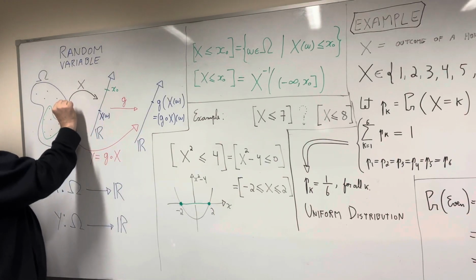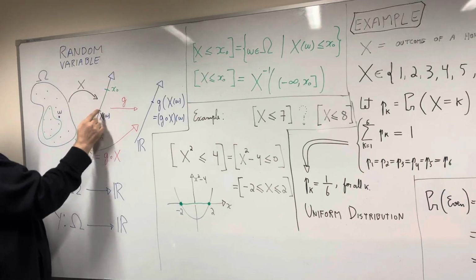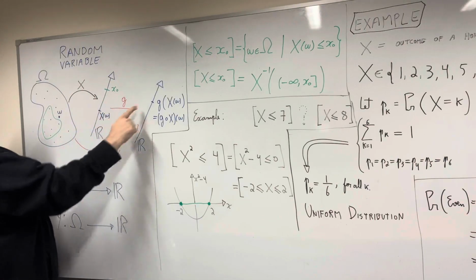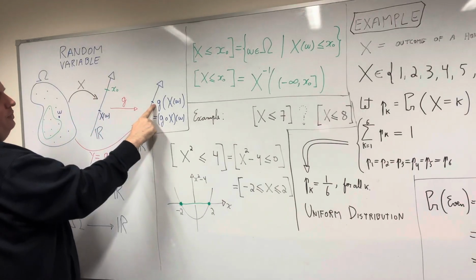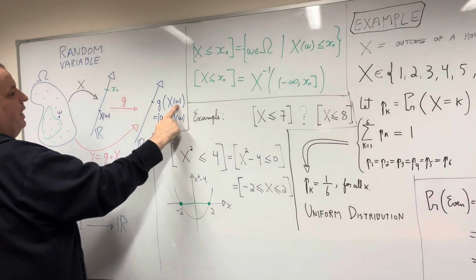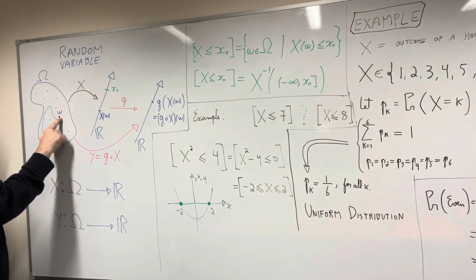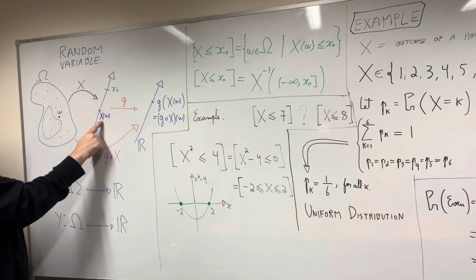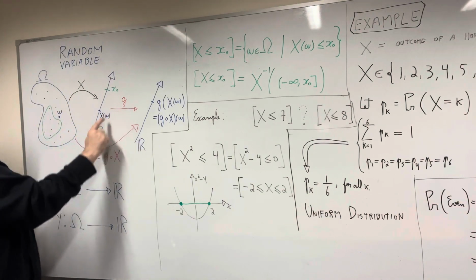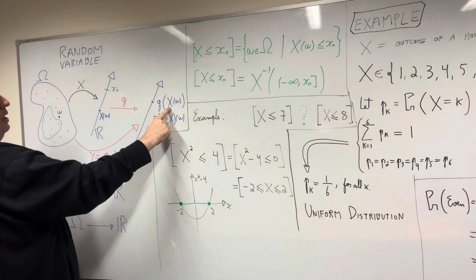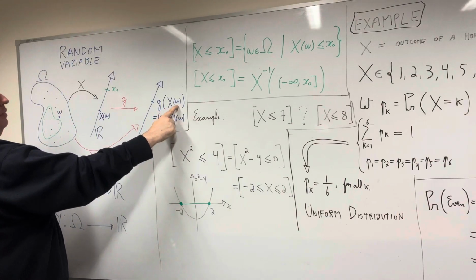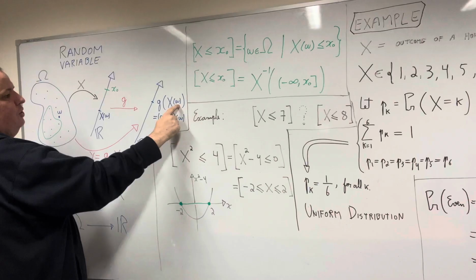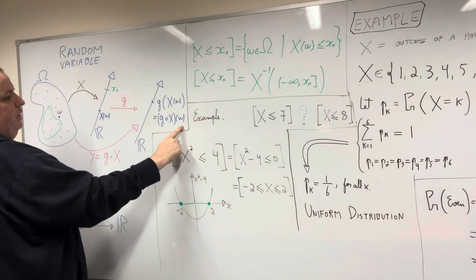I apply first x, and then whatever I get, I apply the function g to this point. And I get g of x of omega. Okay, I start with omega, I apply x, I am at x of omega, I apply g, I end up with g of x of omega. G evaluated at x of omega, the composite function.